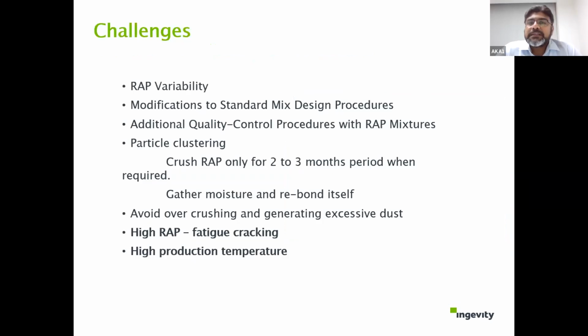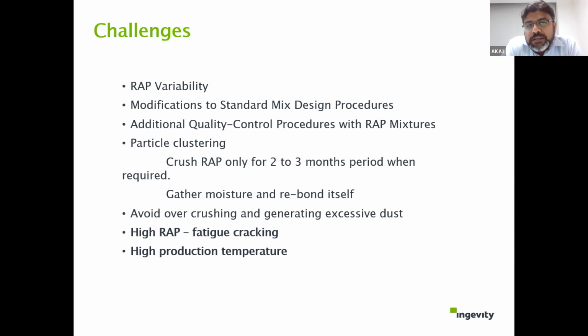Some of the challenges that we typically see in hot mixes: the first thing is RAP variability. This is more related to the zone where we are working. In India, with our experience, we have seen enormous variabilities. Within a single stretch, you get different kinds of aggregates, for various reasons. It depends on the history of the road.